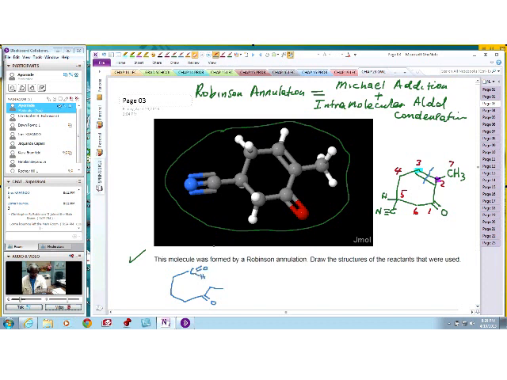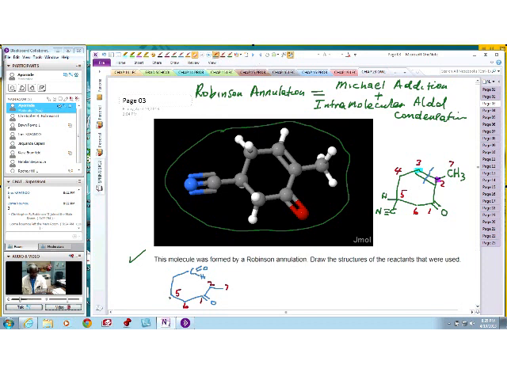So make this hydrogen. Let me go ahead and number this. Based on our numbering, this will be carbon 7, and this will be carbon 2 right here, and this is carbon 1 right here, and this is 6, and this is carbon 5. You have the cyano group on carbon 5.